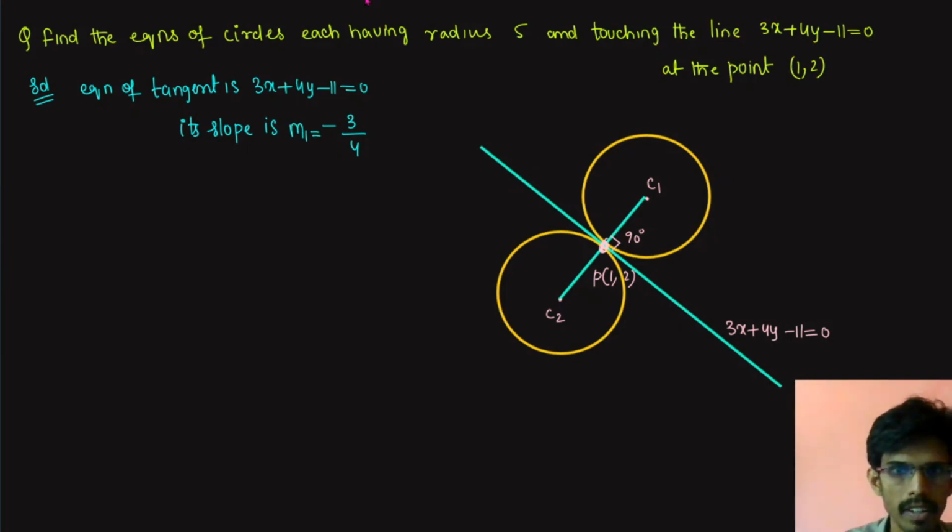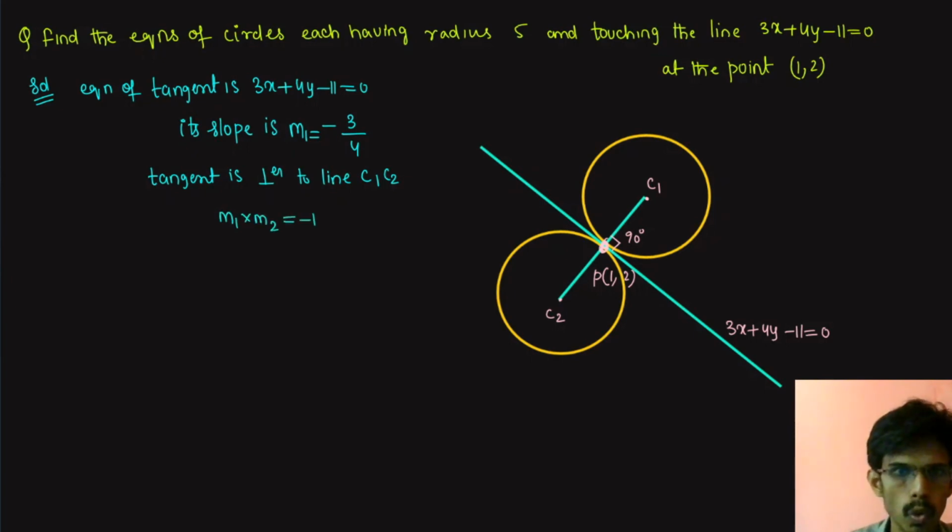Now from the figure we can see that the given line, or we can say tangent, is perpendicular to the line C1 C2. It means that the product of the slopes will be minus 1, so m1 into m2 will be equal to minus 1.